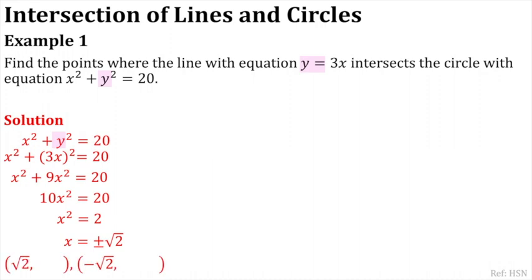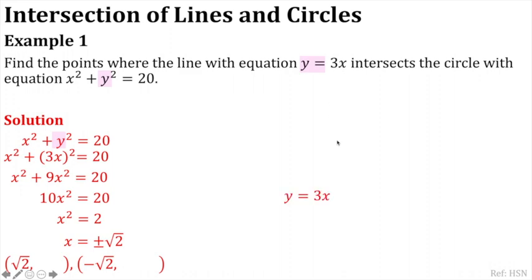Now this obviously corresponds to these points, root 2 something and negative root 2 something. So in order to get our y ordinates, we need to go back to one of our original equations and substitute in. And obviously the easiest equation to use here would be the y equals 3x.